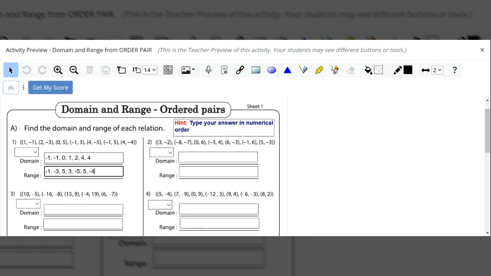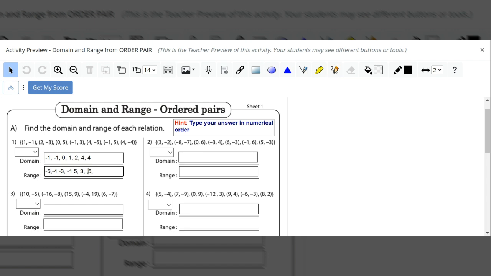So my smallest number is negative 4. I'm going to put it in the front. And next is this. I'm going to put it here. And my negative 5 will be in the front. That's the smallest number.